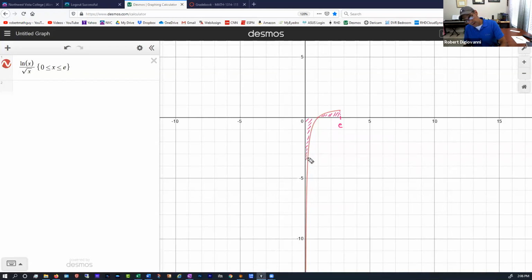And that area goes down like this. But this area over here was not infinite, but it was negative area because it was below the x-axis. So if you take all of this area right here and you add to it this area, you wind up getting a negative answer. Your answer is negative square root of e. That would be the net area of these two things together.